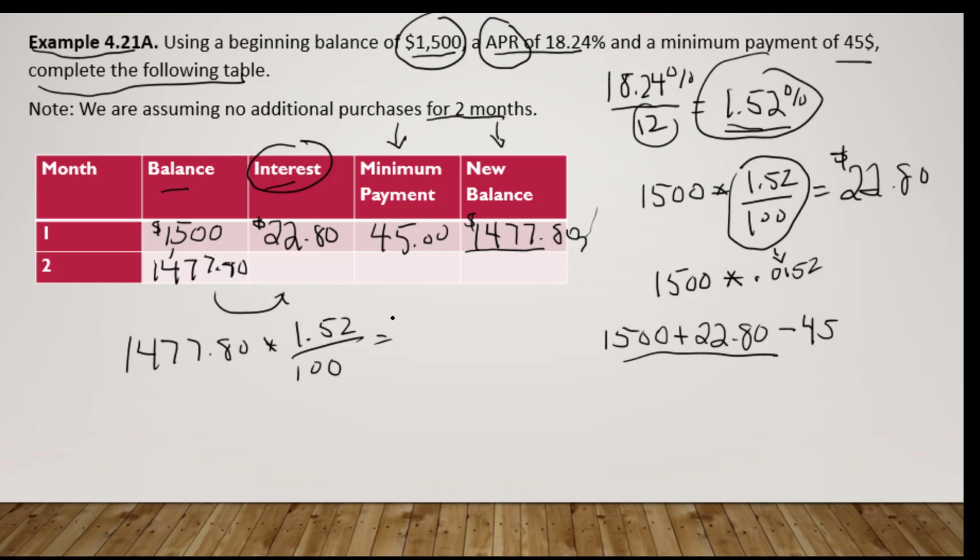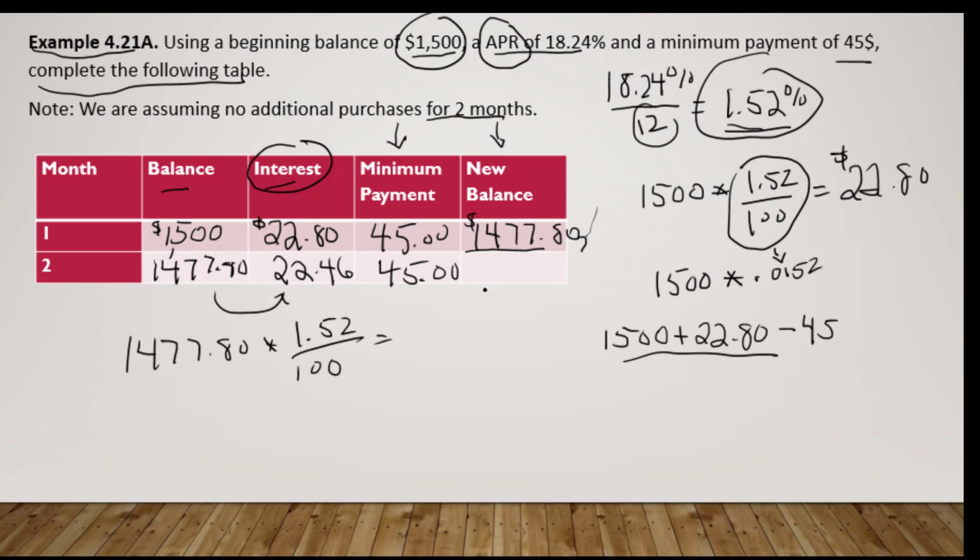1477.80 times 1.52 divided by 100, and I'm getting $22.46. Again, my monthly payment is going to be $45. That's what I pay.